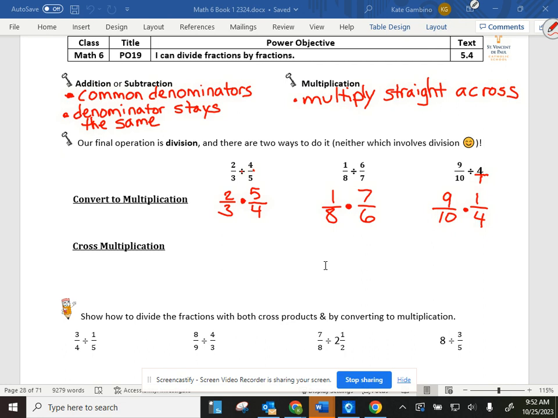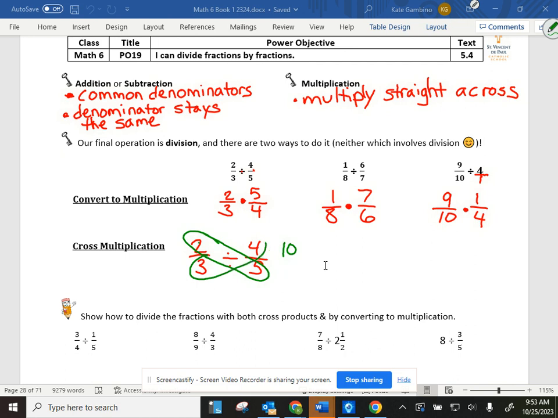Marina? Oh, let's go through what we're doing first before we're trying to work ahead. So nobody should be trying to work ahead right now. Cross multiplication. So if I have 2/3 divided by 4/5, when we're going to cross multiply, we multiply the numerator on top here, means that's going to be our numerator, 2 times 5.